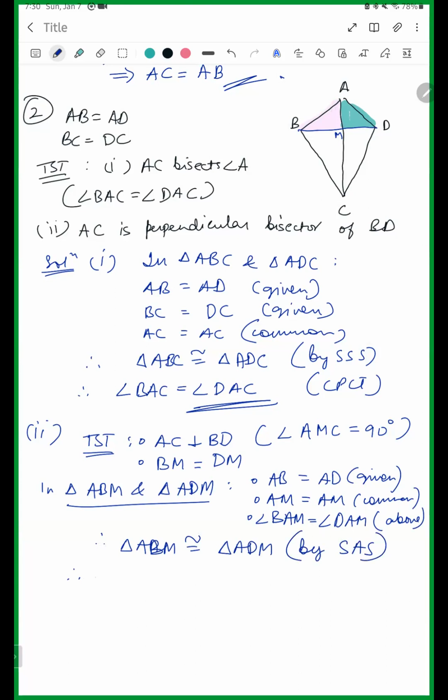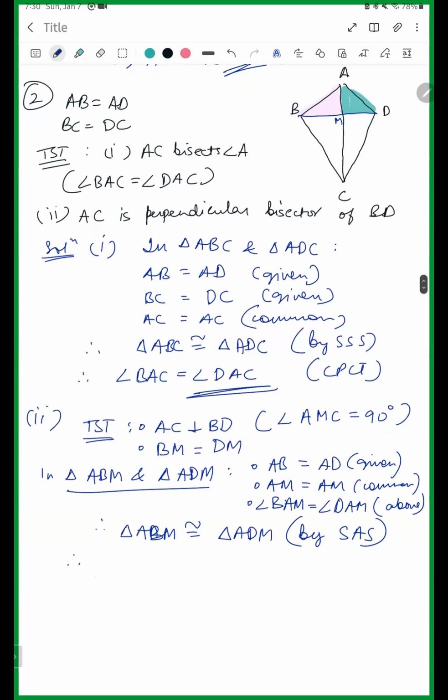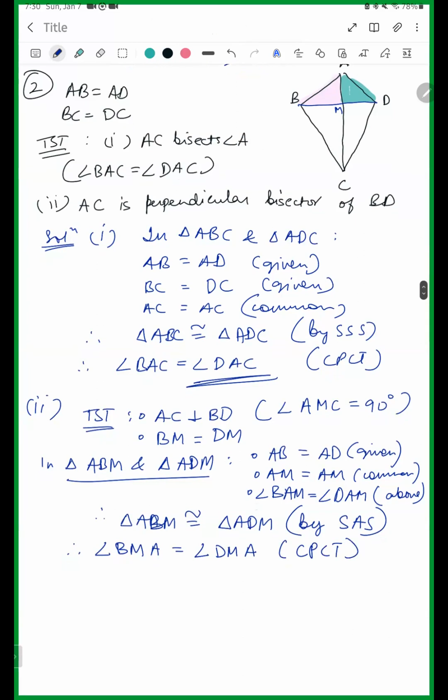Next, we have to show these two angles as equal. Therefore, angle BMA is equal to angle DMA by CPCT. Let's call each equal to X, and they form a linear pair.